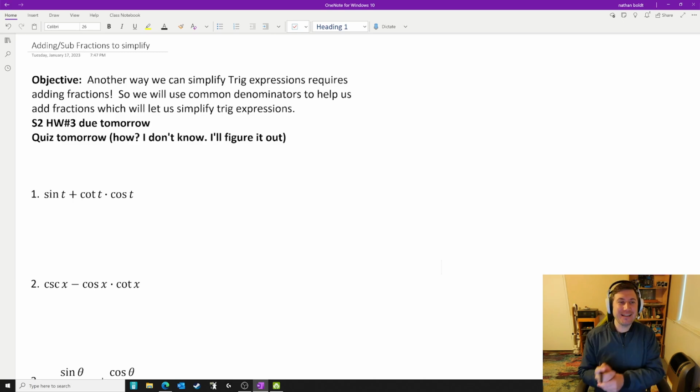We are going to be adding some fractions together, subtracting some fractions, getting a common denominator, and that will allow us to simplify some expressions. Again, we are just flexing our algebra muscles here, using everything we can to apply some trig identities.